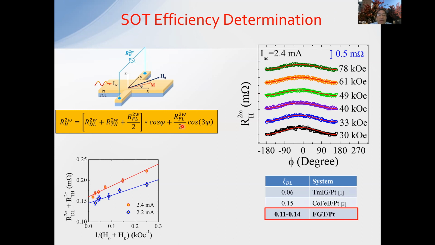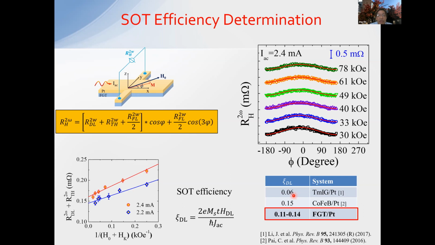we do this second harmonic Hall measurement. From this equation here, we can extract the spin-orbit torque efficiency from the various plots here. For different currents, here I only show two current amplitudes. So now we can calculate this spin-orbit torque efficiency.